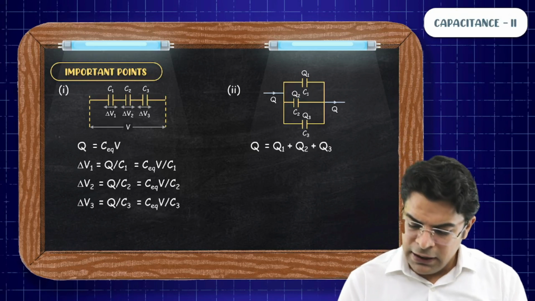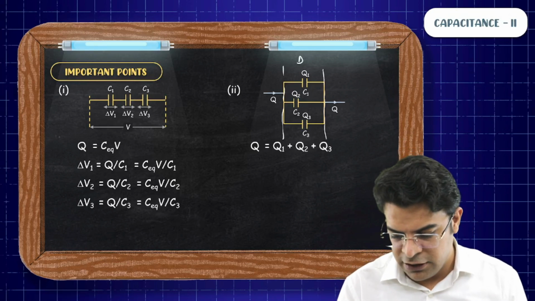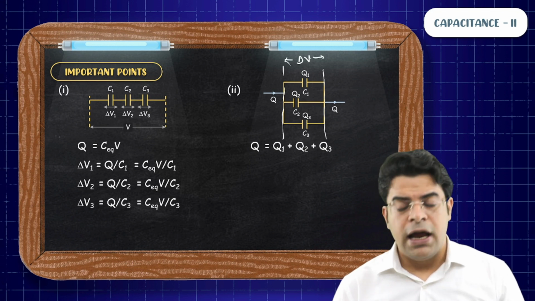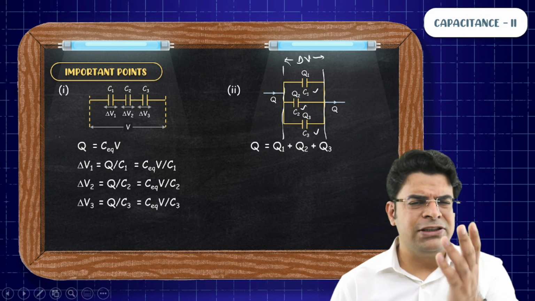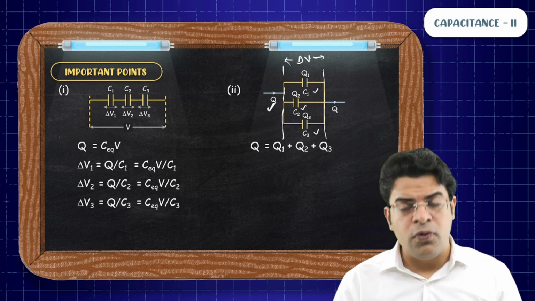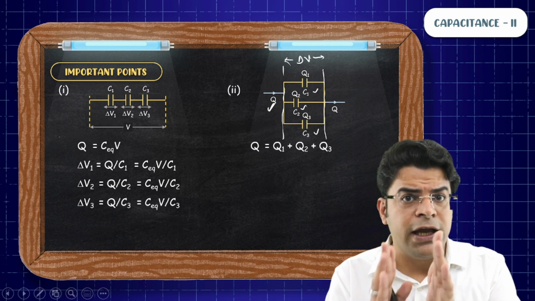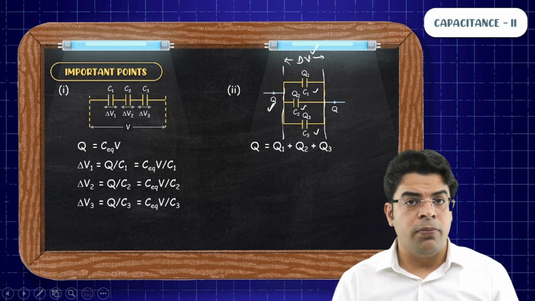Let's say the potential drop across this whole combination is delta V. And the equivalent capacitance of these three capacitors, which will be nothing but C1 plus C2 plus C3, is C equivalent. So can I say that the charge flow into the system has to be equal to the equivalent capacitance of the system multiplied by the potential drop across the system?